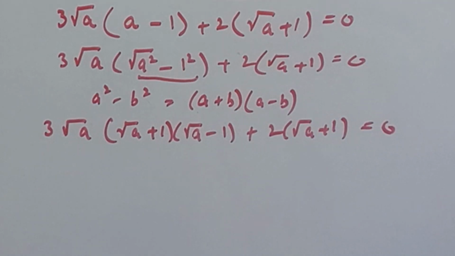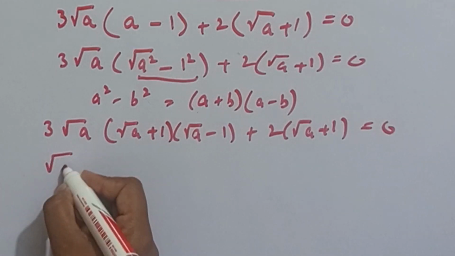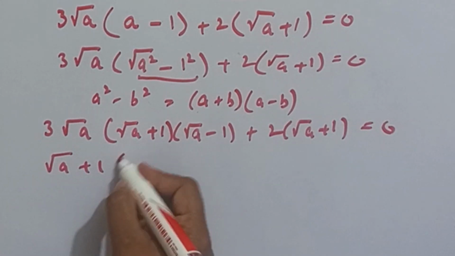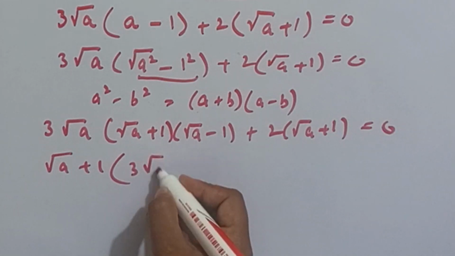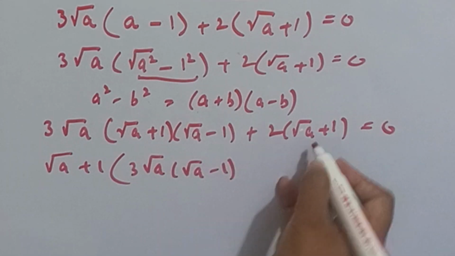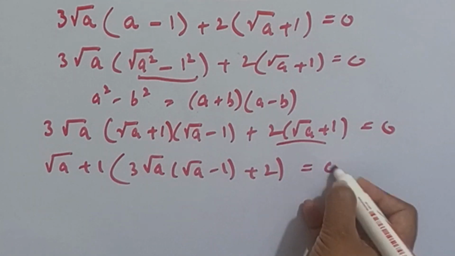Now √a + 1 is involved in these two terms, so we factor out √a + 1, and the remaining values are 3√a(√a − 1) and the last value becomes +2. This is equal to 0.